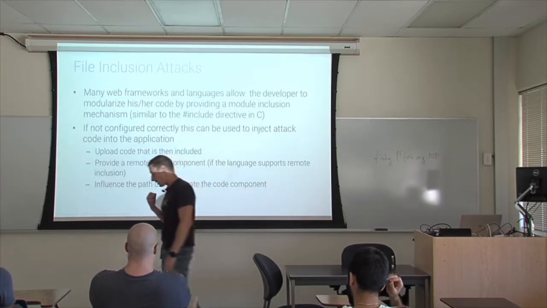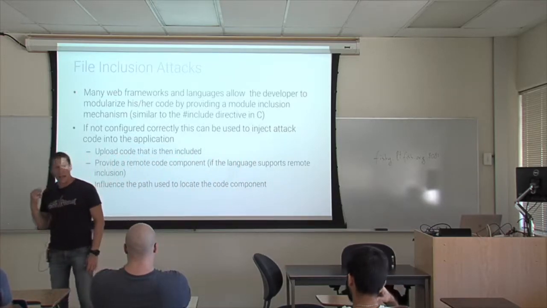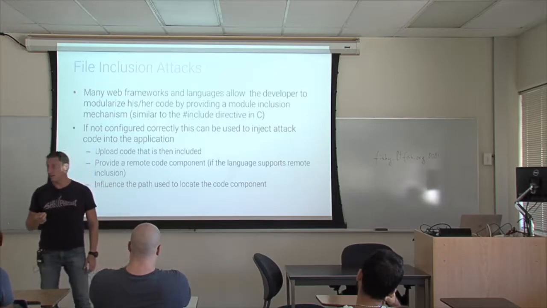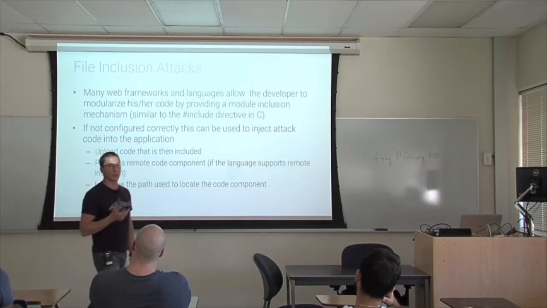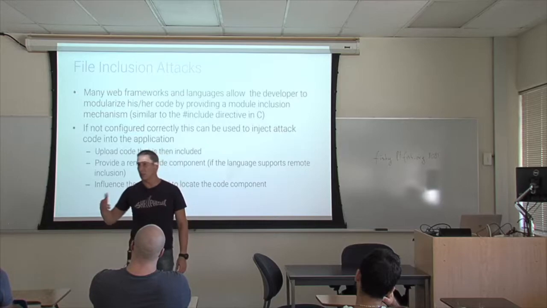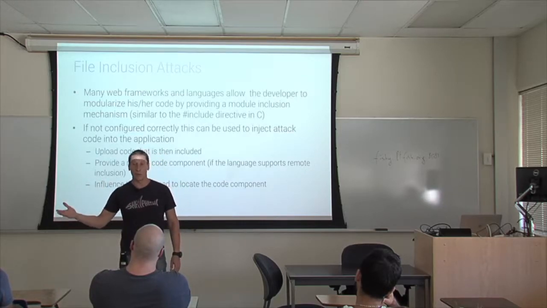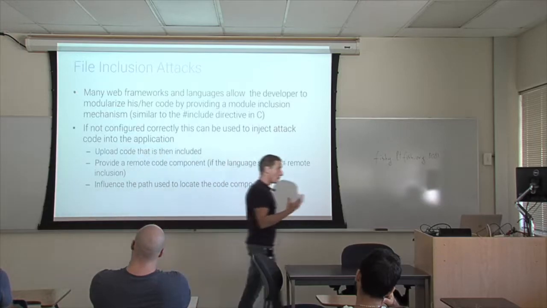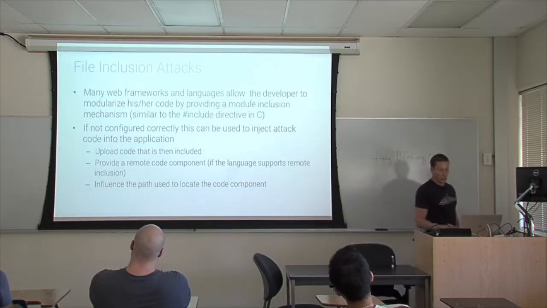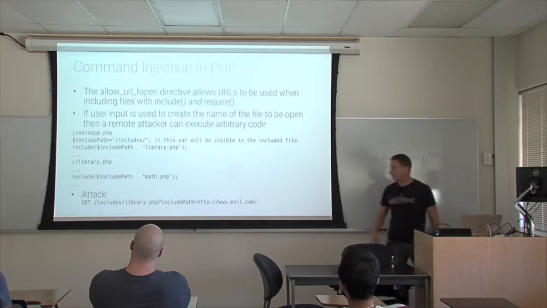It was one vulnerability that was heavily exploited in the early days of PHP. If the file name was based on user input, you could put HTTP something, and the script would actually go to the site chosen by you, download PHP code, and execute it, which was a way to perform large-scale compromise.